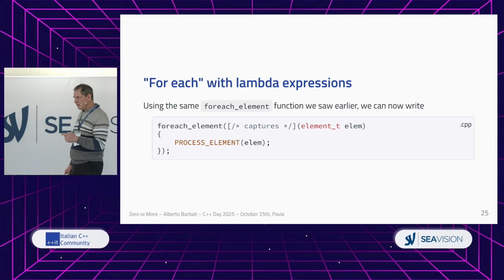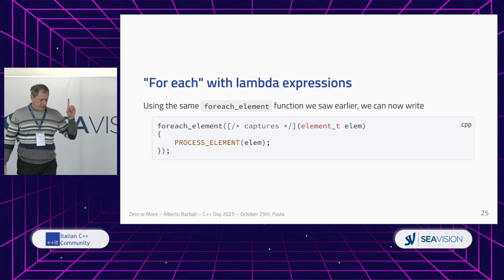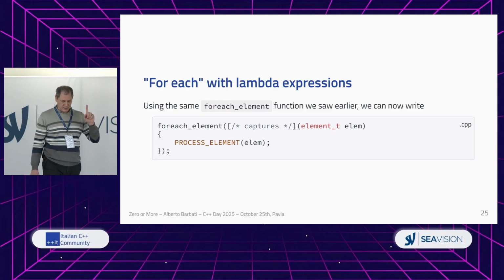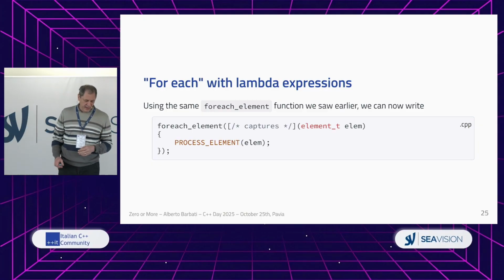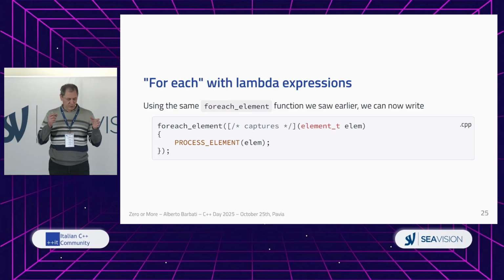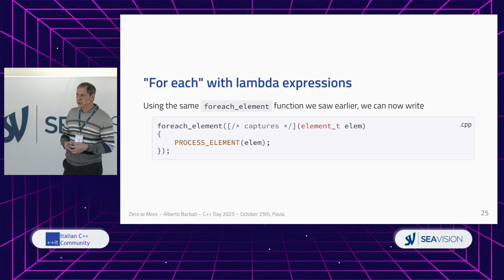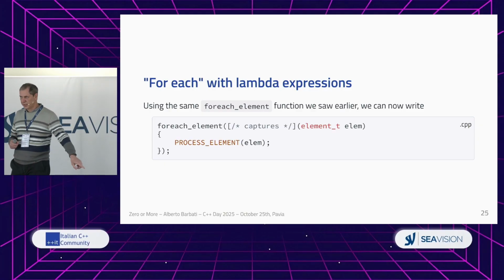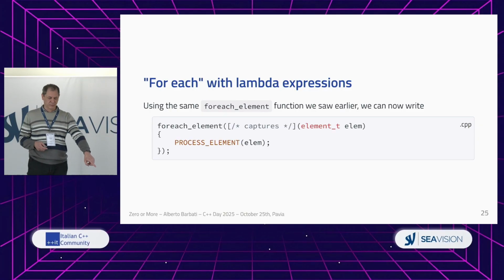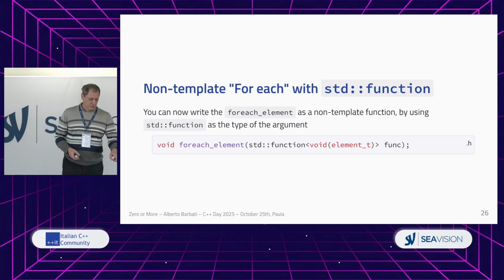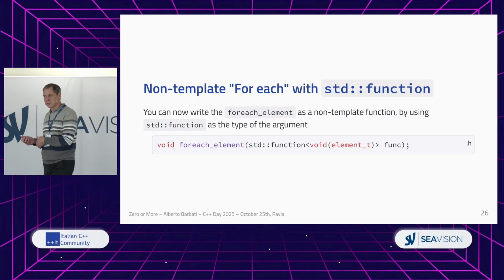In C++11, we have one library type that can be used to overcome the only issue we had with for each like this, that this was a template. We can use it for each as non-template.